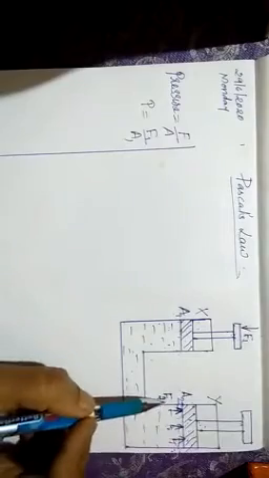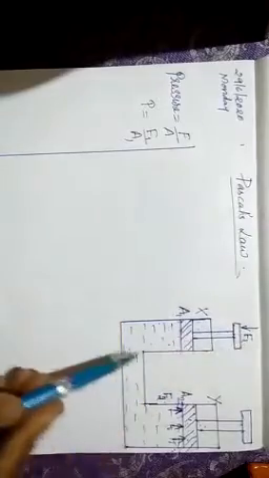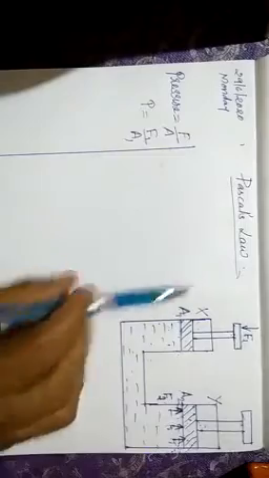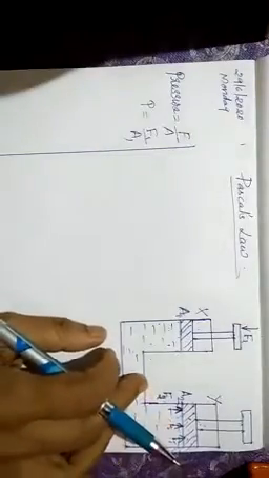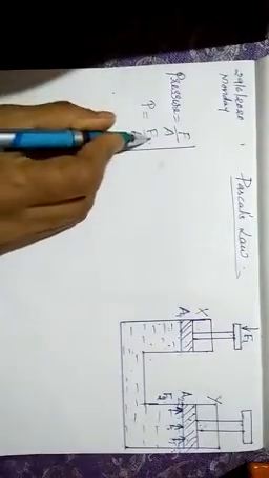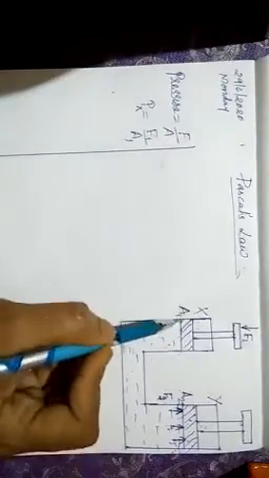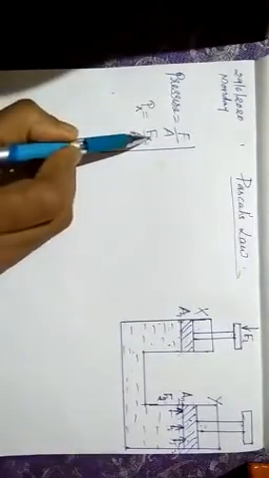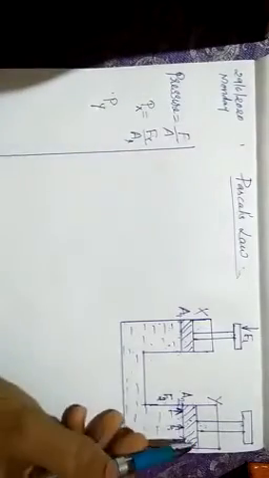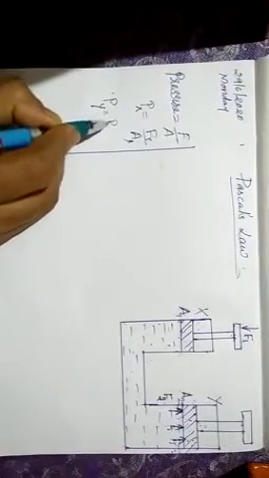Let us find how the applied force F1 can raise the other piston. That is what we have to see. The pressure at the side X is Px, which we can write as F1 by A1. At the side Y, the pressure Py will be equal to Px.